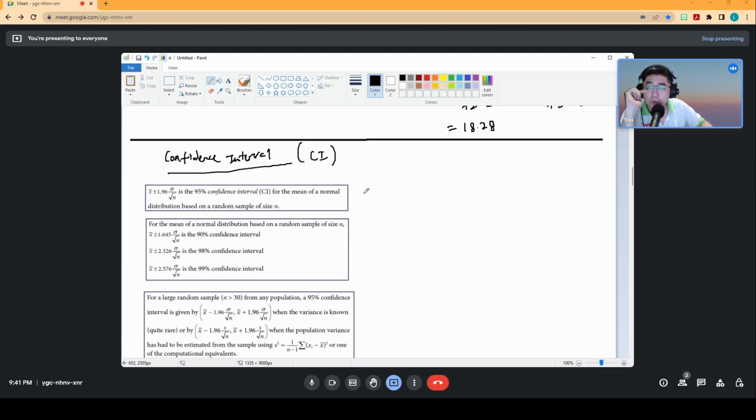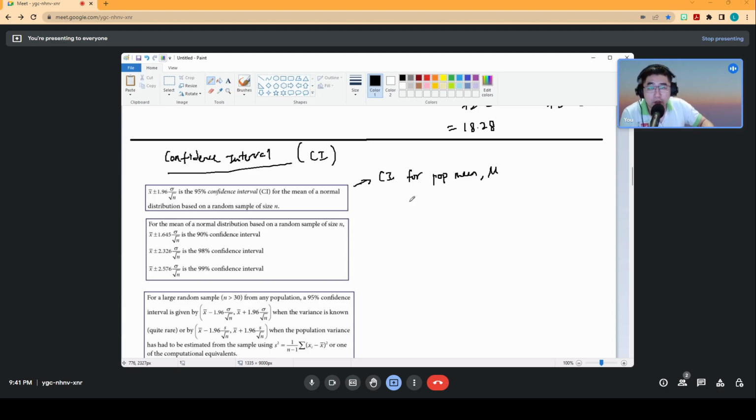So this one is the confidence interval for mean. The first one is called CI for population mean, represented by mu.